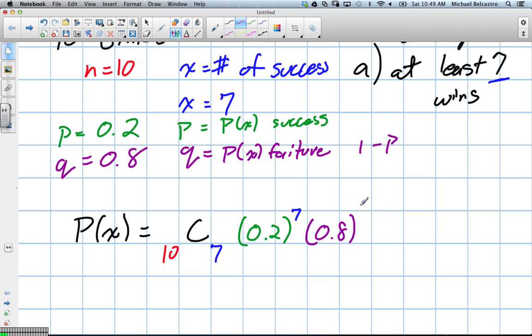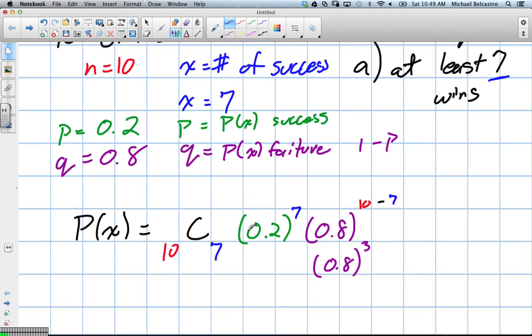Well, that means 10 subtract 7, which would be what? Yeah, so we could rewrite this as expected to have 3 failures in this case. Okay, so it's the exact same formula. So I'll write it all out in one step here.